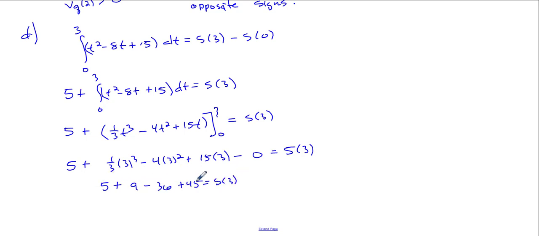Okay, 5 and 45 is 50. Minus 36 makes 14. 14 plus 9, 23. Okay, the position of particle Q, the first time it changes directions, is 23.